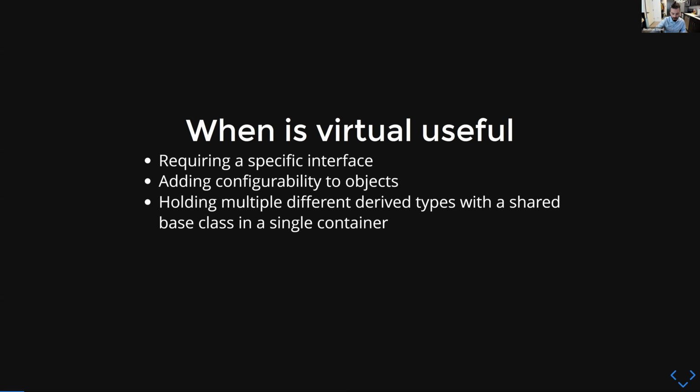I'm not a game developer, so you'll forgive me if I'm a little off here, but you would have an entity, and that entity would represent anything that could move in your world, and the entity class would just have position information. Then you would have weapons, and the weapon would inherit from entity and add damage information, and then you would have players and enemies. And then you could have a single list of all the entities, and if you wanted to update your game state, you iterate through the entity list. So those are the kind of use cases that we need to be thinking about.